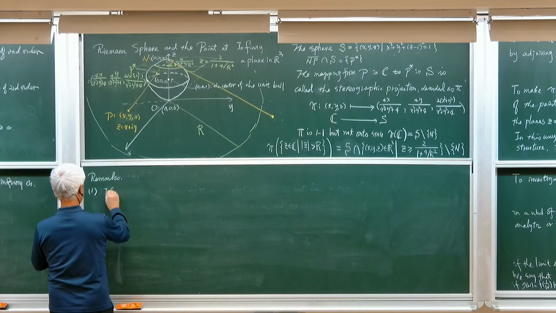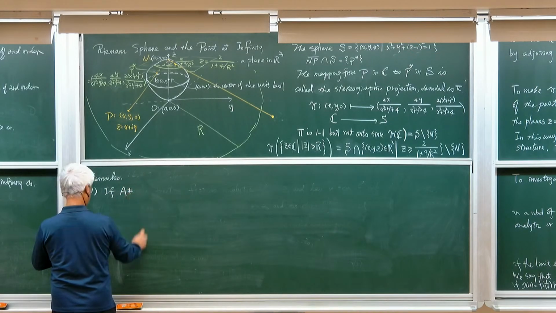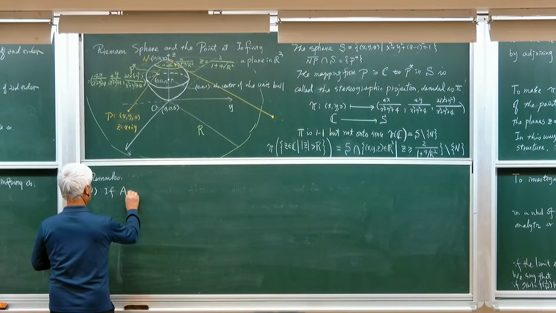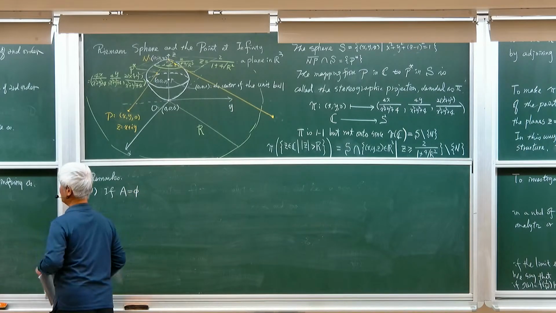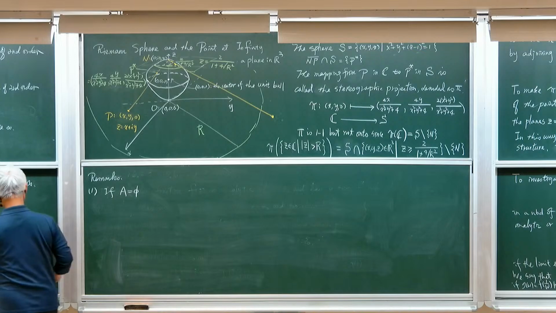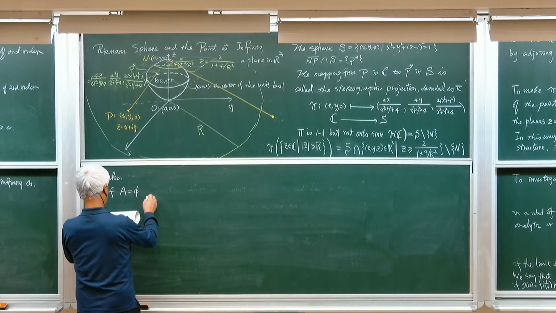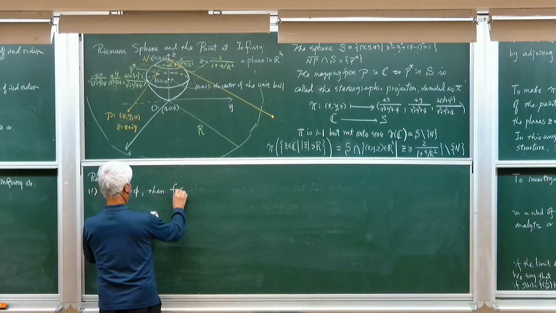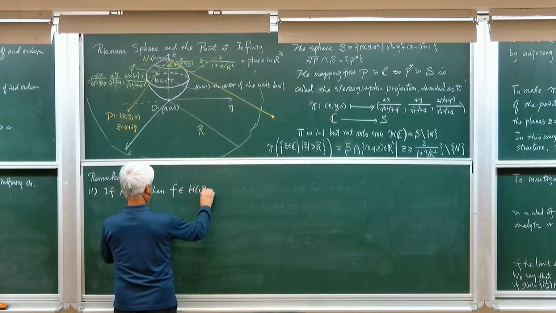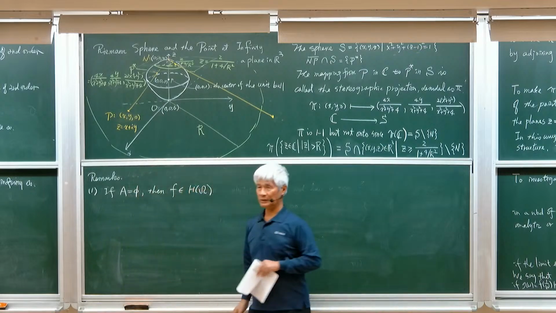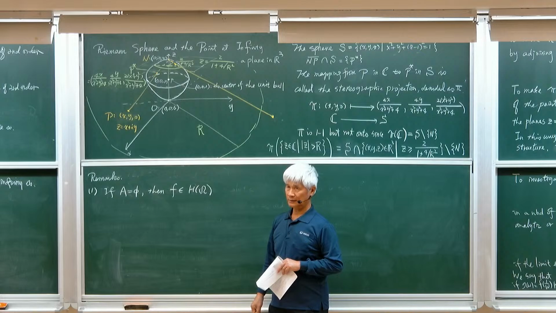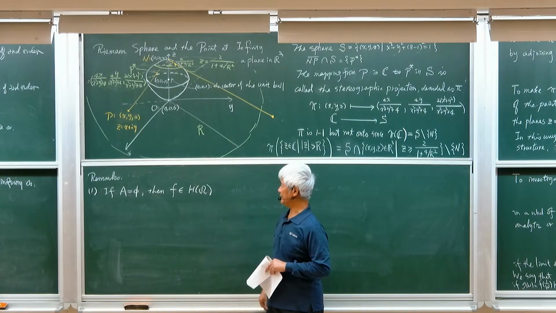All right, so if A is the empty set, so if there's no pole set in omega, then of course F is a holomorphic function defined on the open set omega there.